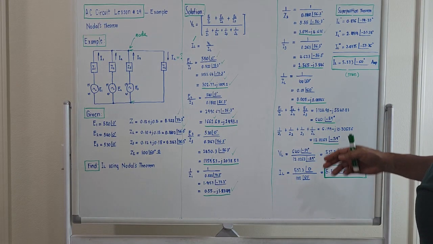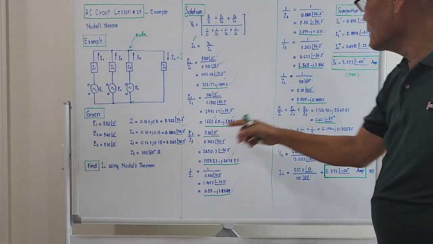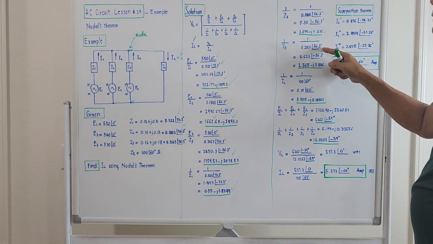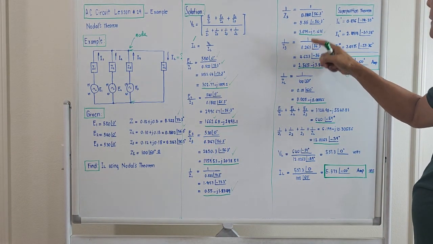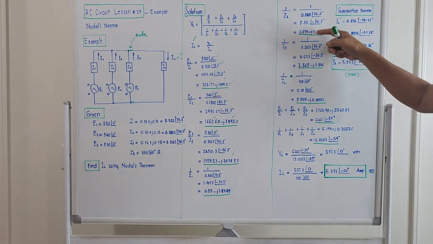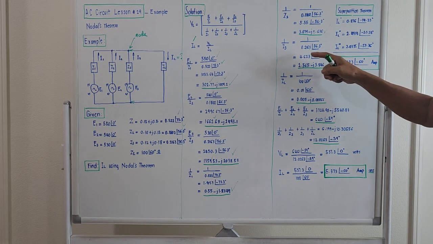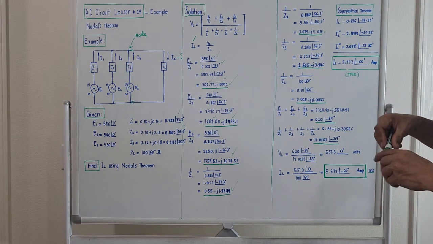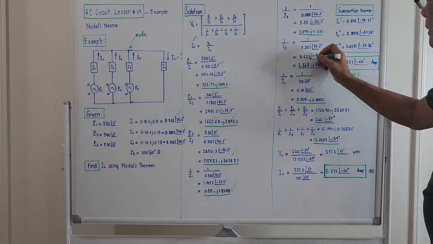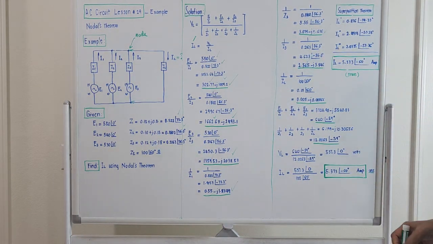Okay, 1 over C3, 1 over C3 is 0.2163, angle 56.3. 1 over 0.2163, 4.623. This goes up, negative 56.3. Take cosine times this. This is the real part, 2.565. Right?